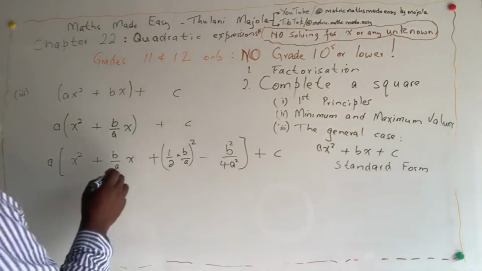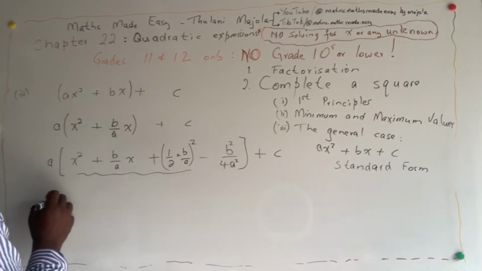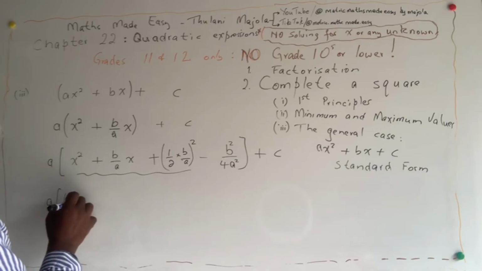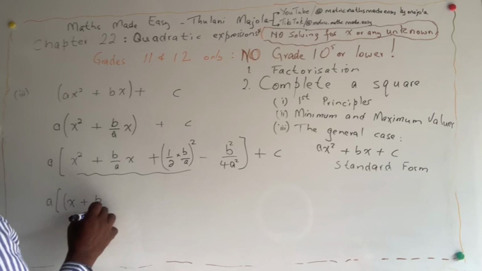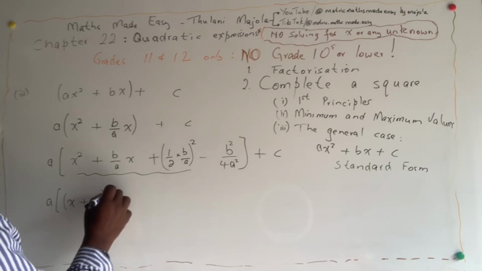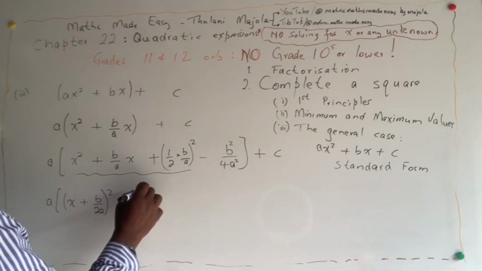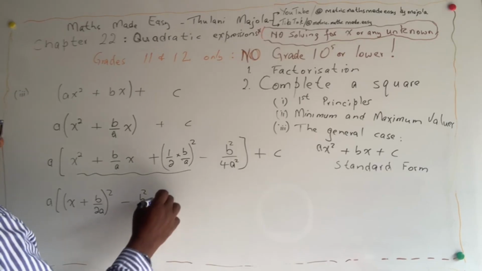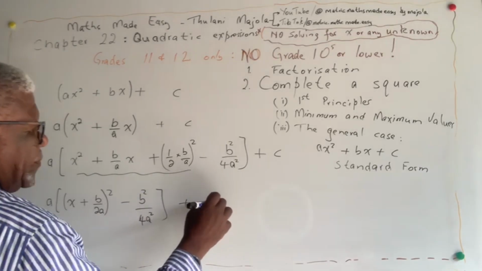Now we've got a perfect square. So write a times x plus b over 2a all squared, minus b squared over 4a squared. Close brackets. Don't forget the c, plus c.